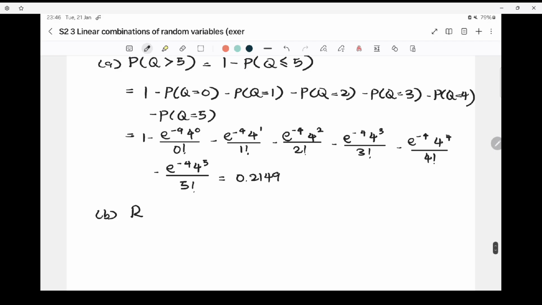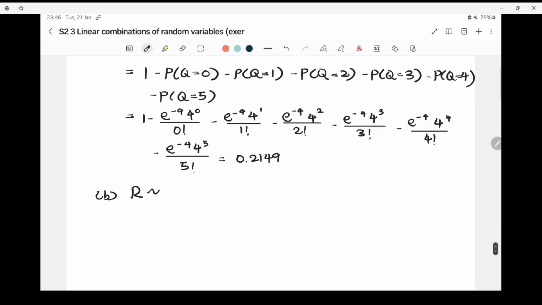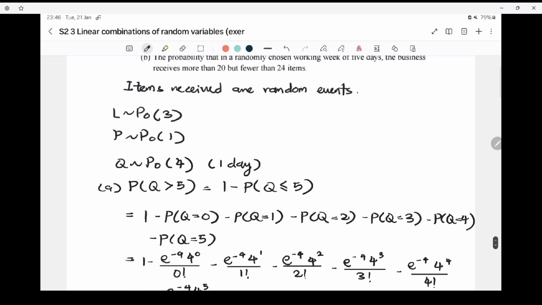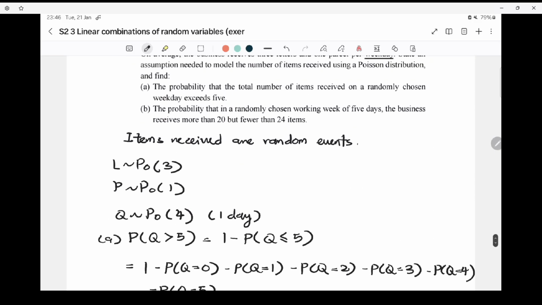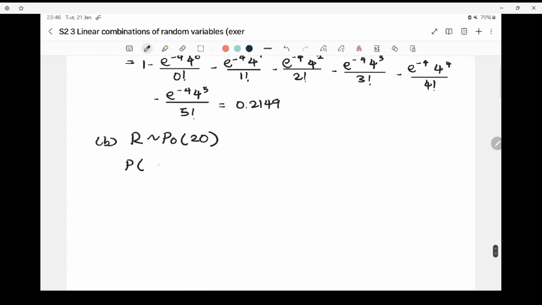Previously we mentioned that you can scale the Poisson distribution up or down just by ratio. So if 1 day is 4, 5 days will be 4 times 5, which is 20. The question asks you to find the probability that it receives more than 20 but less than 24.